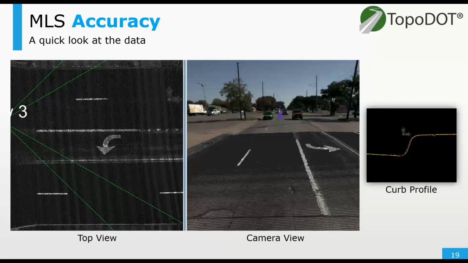So what does the data look like in TopoDOT after it's collected? What we're looking at here is mobile LiDAR from a typical leading manufacturer, which gives us a lot of detail, enough to get the job done for this PCI application. And keep in mind, this is from one single pass and also a single scanner head. So it's pretty impressive.